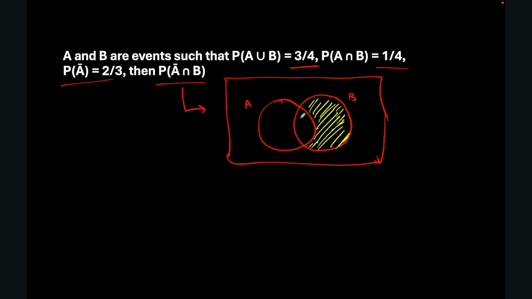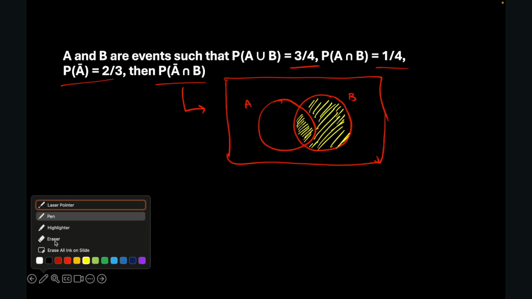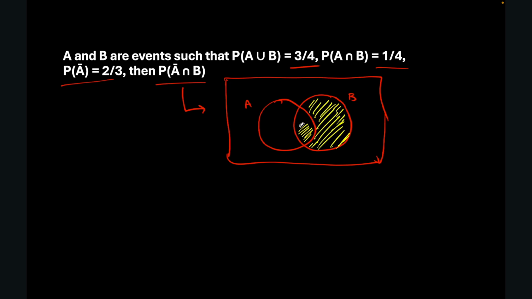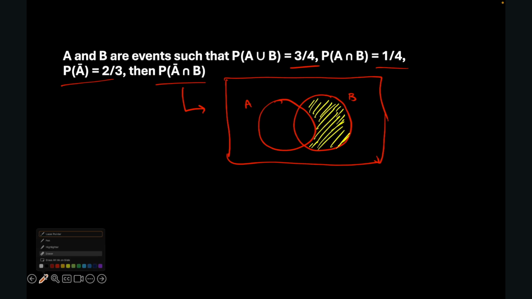Because remember, A intersection B would be this part in the middle, right? But now we're asking not A, so it's removing this part and keeping just the original shaded area in yellow. Remember, I had shown how to find this.